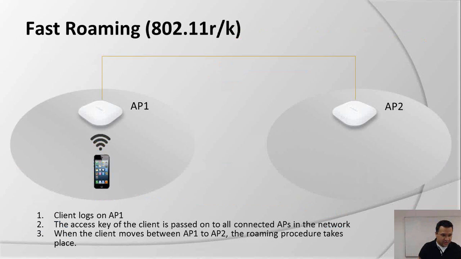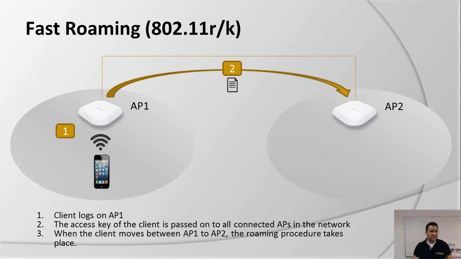It's step by step. It's like here. A client wants to connect to access point 1. It will just log into access point 1, and the access key of the client will be passed on to all connected access points in the network.